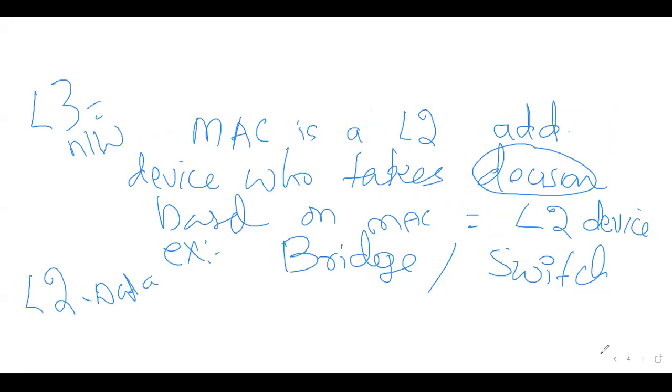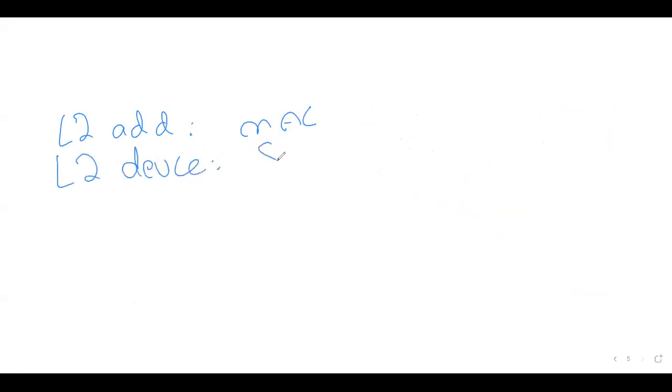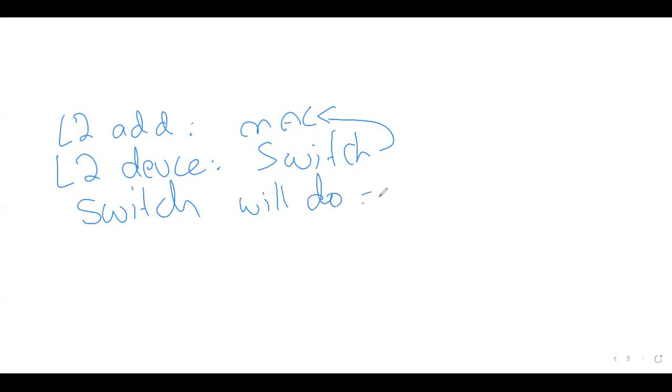So now, layer 2 address, MAC. Layer 2 device, switch. Why is switch a layer 2 device? Because switch is working based on MAC address. And what will the switch do? Switching. What is switching? Sending data from one network to the same network.